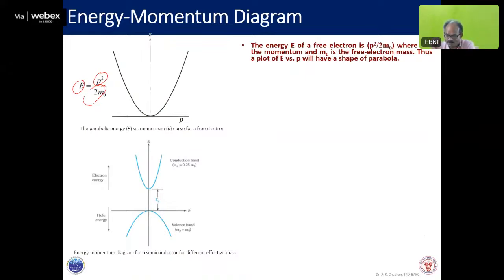Suppose you consider a string and you just press it from one side. Can all waves be constructive? Can it have all kinds of wavelengths, all kinds of frequencies? No. So when the electron is actually a wave, things are slightly different.